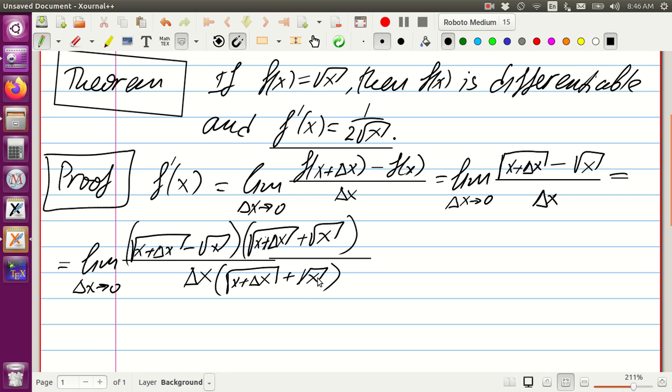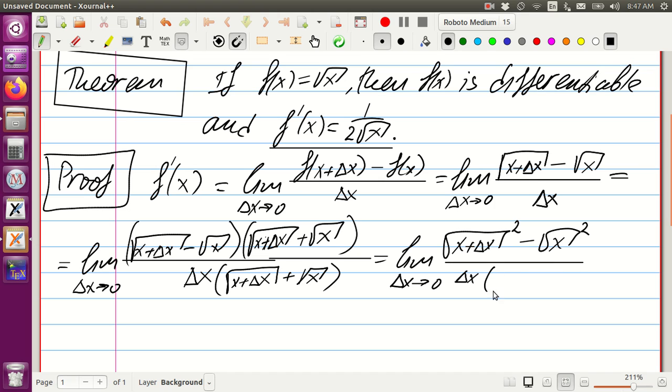So we have this. Now we multiply the numerator, and we have a minus b times a plus b, so it's a difference of squares. That's going to be the first expression squared, so it's the square root of x plus delta x squared minus the square root of x squared, divided by the denominator, which we keep the same as before.